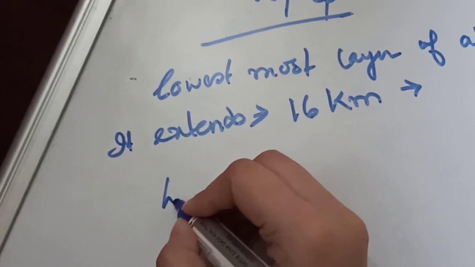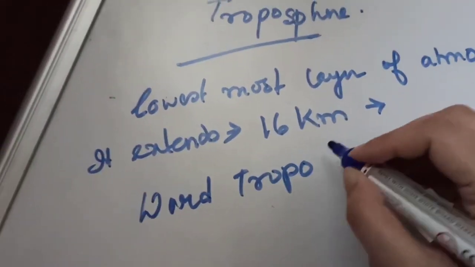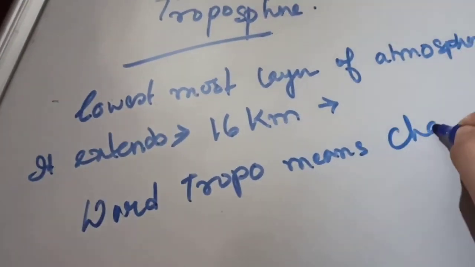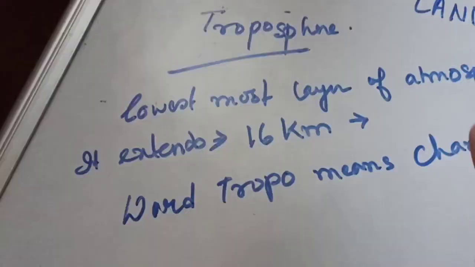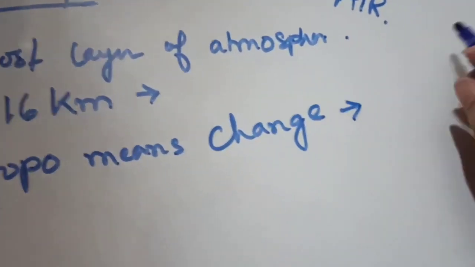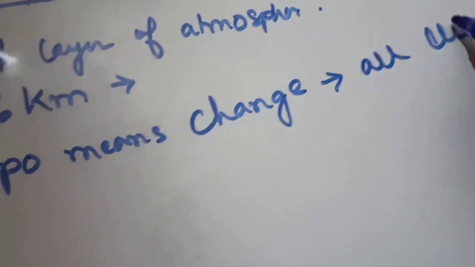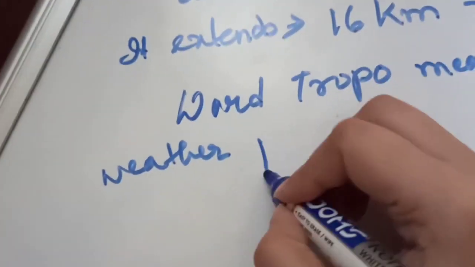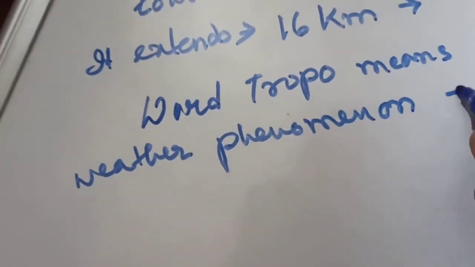The word tropo actually means change. The reason this name is given is that in this particular troposphere layer all the weather phenomena and the changes of the weather phenomena take place.